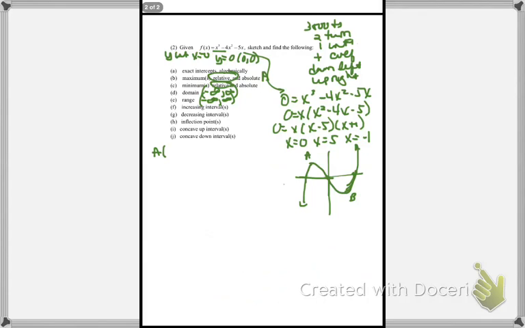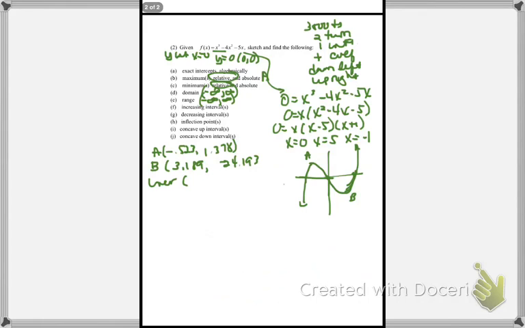So we find our relative max. Use your calculator, 3 decimal places. And find your relative min. From here, we can do your increasing and decreasing.